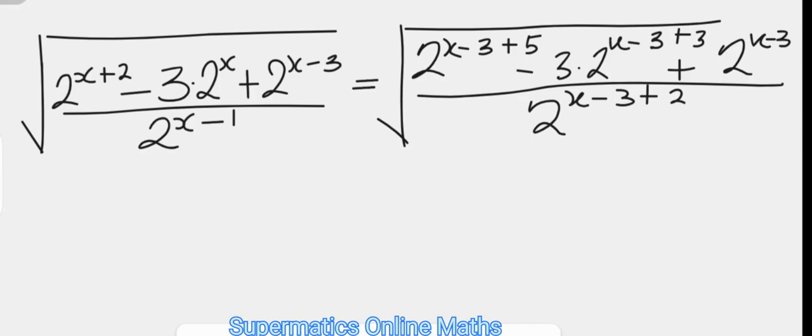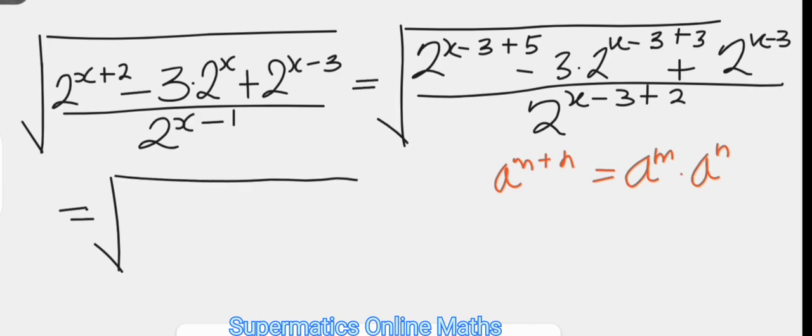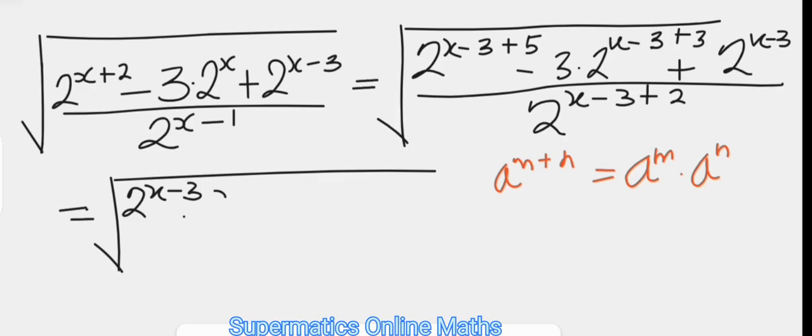And recall that one important law of exponents and powers is that when we have a to the power of m plus n, it can be written as a to the power of m times a to the power of n. This we apply to the expression, thus giving us the square root of 2 to the power of x minus 3 times 2 to the power of 5.